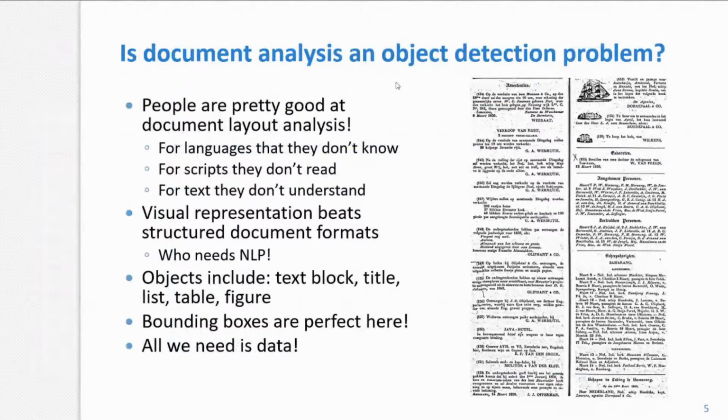So as I was thinking about the problem, the question arises, is it an object detection problem, or what kind of a thing is it? What I observed is people are actually very good at document layout analysis, right? You can give me a page in a language I don't know, a script I don't even read, in a domain that I don't understand, and I can very easily tell you where the blocks of text are, the figures, the tables, these sorts of things.